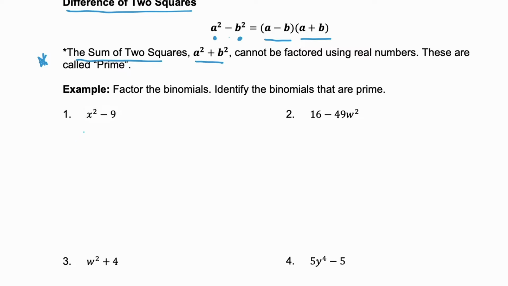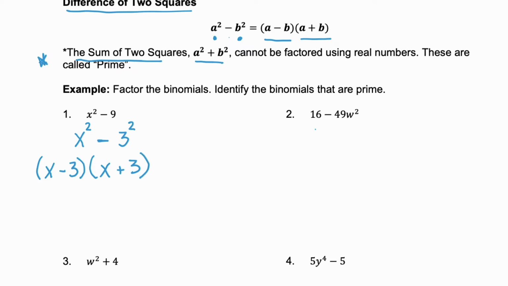Well, our first term is something squared, it's x squared. Our second term is 9, which is 3 squared, and we're subtracting. So we have the difference of squares. Our a and our b here are x and 3. So this factors as x minus 3 times x plus 3.